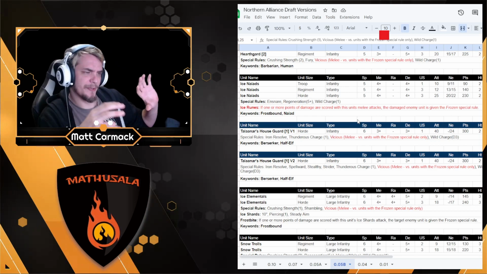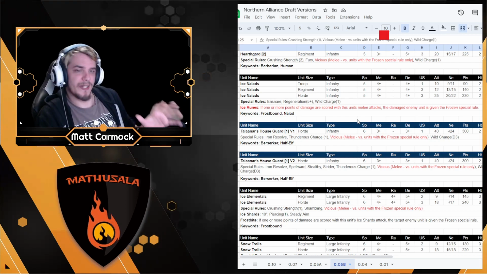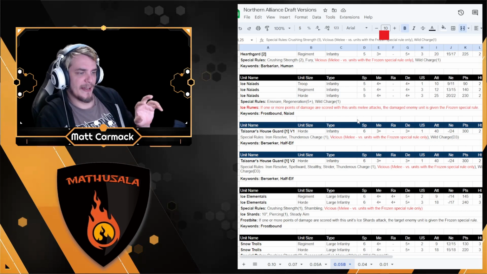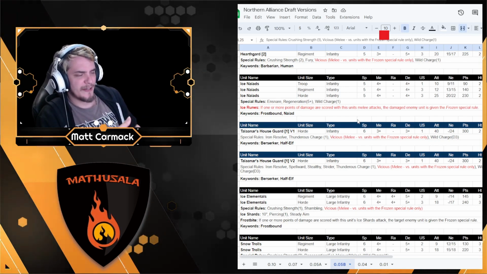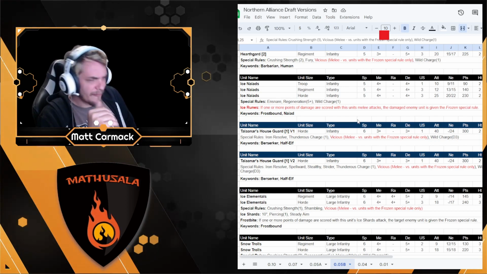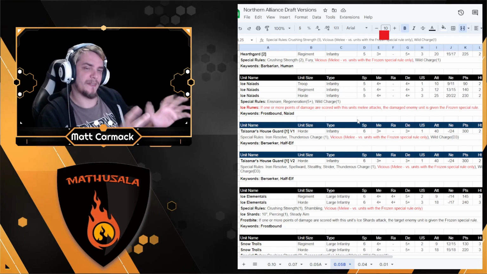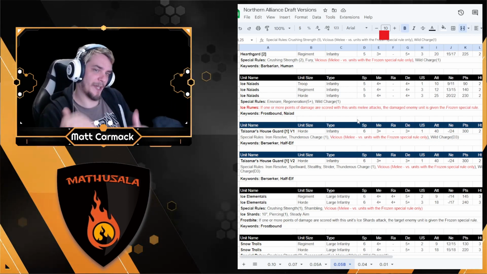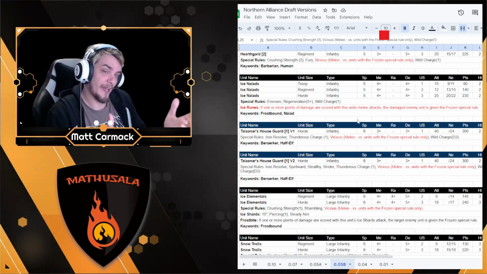The idea was that it was going to encourage the different racial factions within Northern Alliance, the racial elements, so like the Ice Naiads, the half-elves, the regular elves, the humans, the dwarves, the trolls, the giants, all of those were going to have some variant, some take on this, so that whenever they interacted, they were either providing the bonus or getting the bonus, and that was going to help encourage the alliance aspect of Northern Alliance.